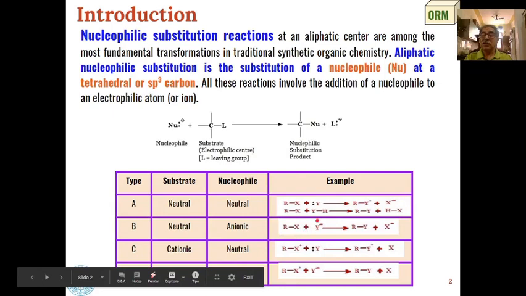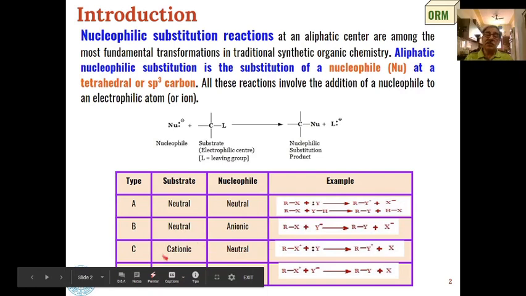Alkyl halides react with, say, halogen anions, chloride, bromide, iodide, and in these cases the X will be substituted by another anionic nucleophile, which may be a halogen, or hydroxide ion, acetate ion, or any type of anionic entity can substitute this X, which will be a leaving group, to give us another type of organic compound.